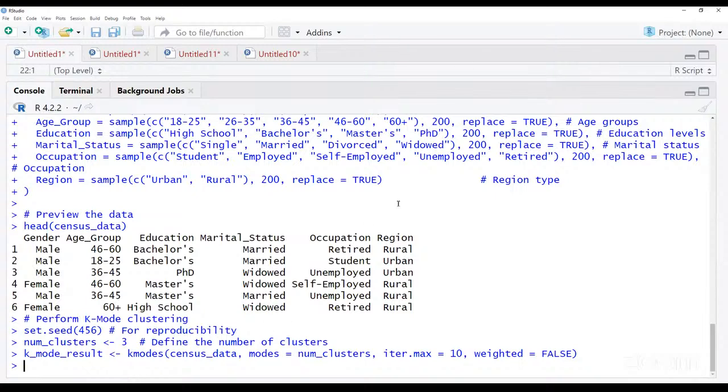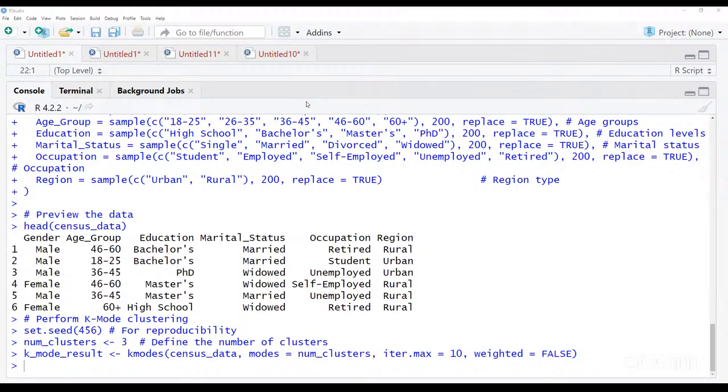So here you can find the num cluster. Here we are assuming 1, 2, 3, 4, 5, 6. 6 variables are there. These 6 variables will be classified into 3 groups.